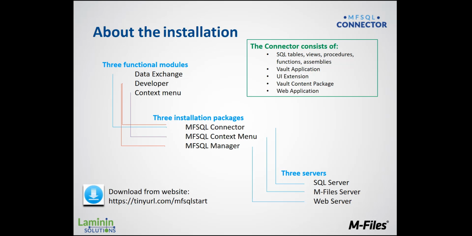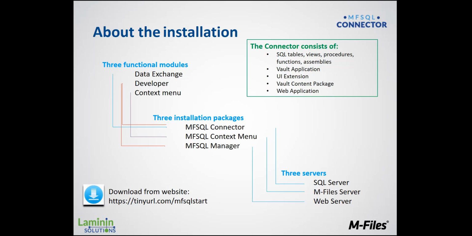So it has many different parts, and we have packaged those different parts in 3 functional modules: a data exchange module, a developer module, and a context menu module, each serving a different purpose of functionality for different aspects. You can read more about it in the functional analysis in our guide on the web, where we put that into detail.